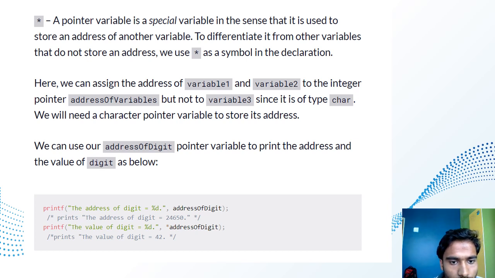We can use our address_of_digit pointer variable to print the address and the value of digit as below. Here, let us look at this code. printf("The address of digit = %d", address_of_digit); It prints just the address of digit = 24650.